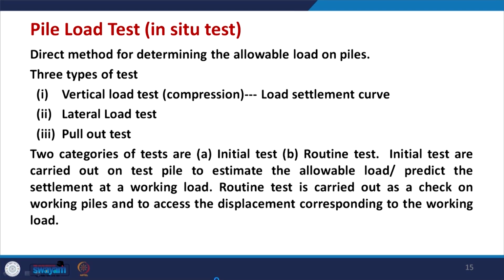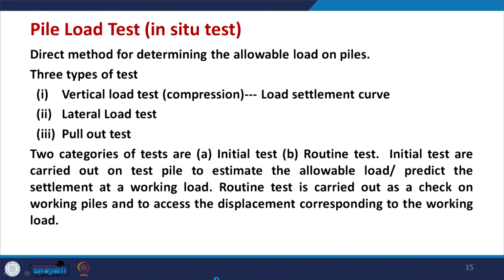There are two categories of test. One is called initial test, another is called routine test. Initial tests are conducted exclusively on the test piles, that means you need to construct piles dedicated for testing purpose only.